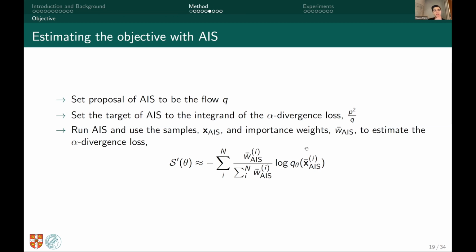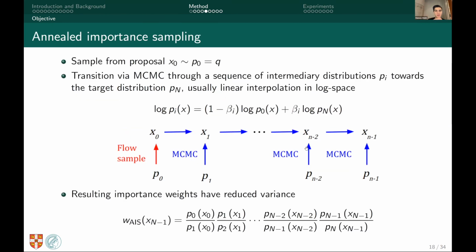But now what you're doing is basically not taking the samples that your normalizing flow produced. You're actually further changing them around a little bit with annealed importance sampling, and then also taking all of the importance weightings, or transition weightings, because you now have multiple importance sampling steps.